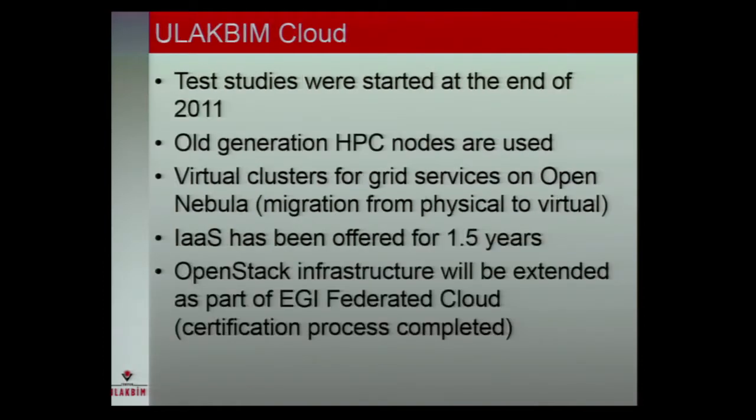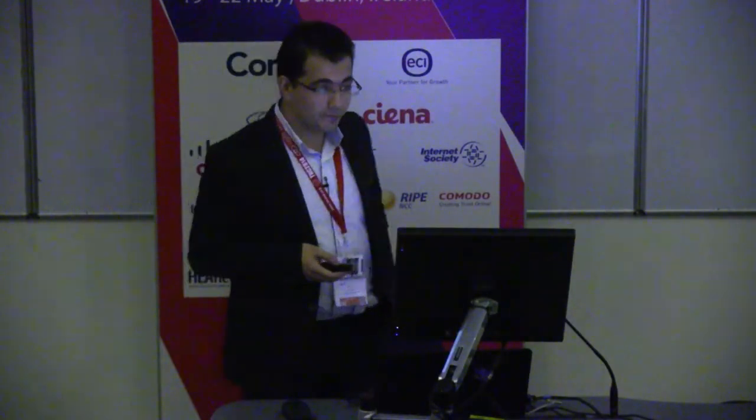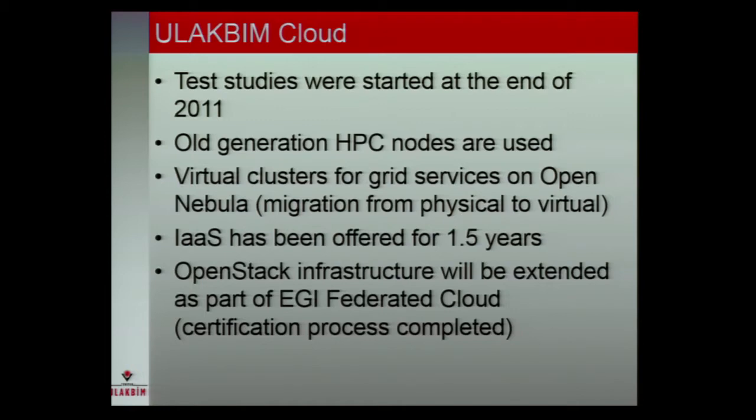So at ULAKBIM Cloud, test studies were started at the end of 2011. We use old generation HPC nodes for our cloud infrastructure, because CPU-hungry HPC applications need new generation hardware, and after 2 years they become insufficient for HPC researchers.